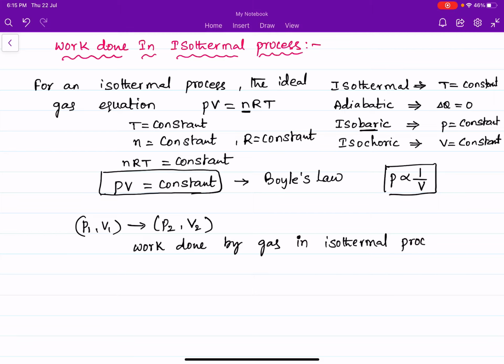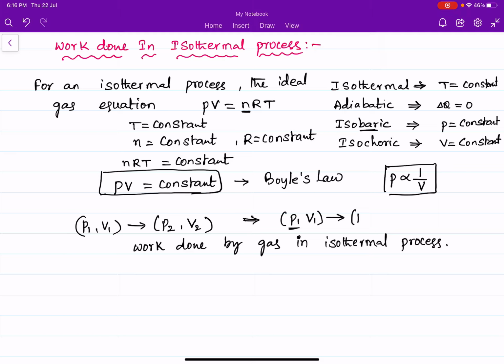We have discussed already that for any process the system has to undergo a quasi-static process. When it is undergoing a quasi-static process, let the initial pressure of the gas be P1 and the initial volume be V1. Quasi-static process means a very slow process.